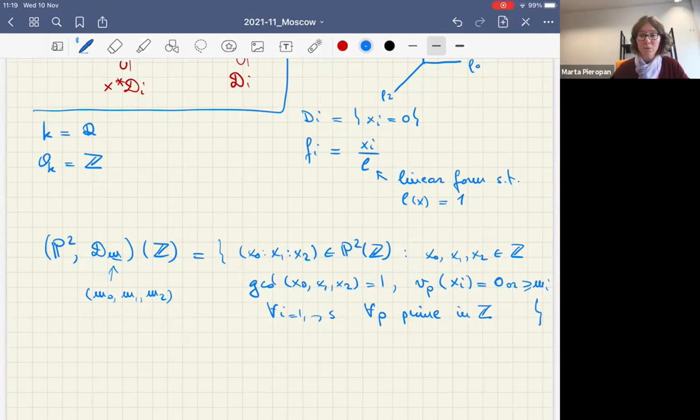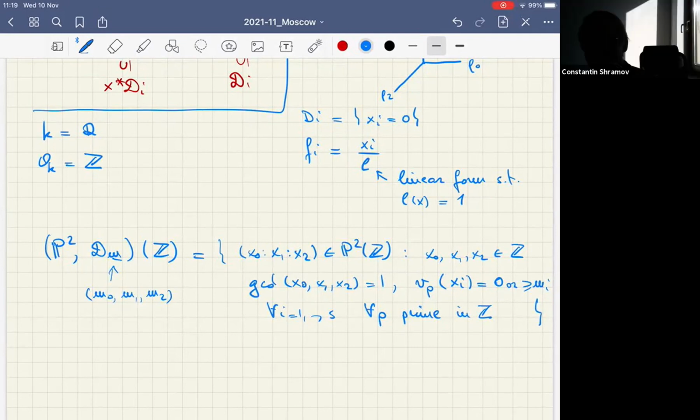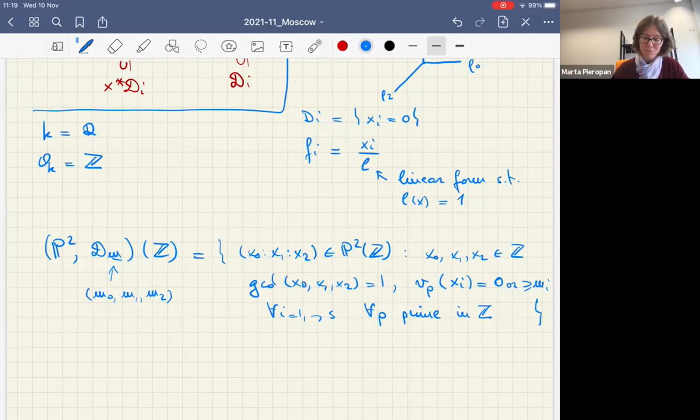Are there any more questions about the technicalities of this definition? So, for instance, suppose that D is some T-invariant divisor, right? Suppose that we choose all mi's to be equal to 1. Yes, that's my next remark.